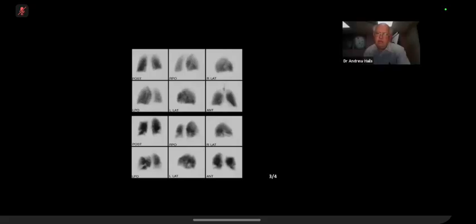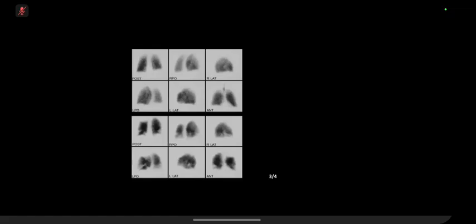Yeah. And I think in the perfusion, in the left posterior oblique images, there appears to be areas of reduced tracer activity, which would be in keeping with a perfusion defect.